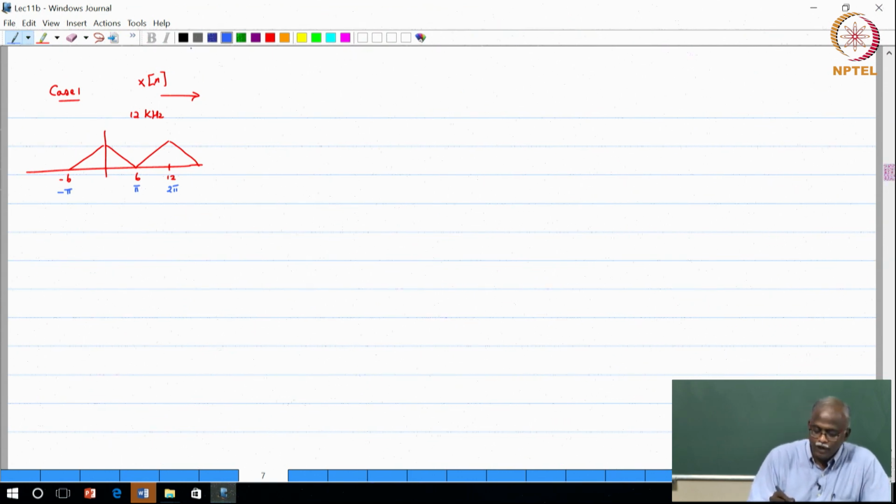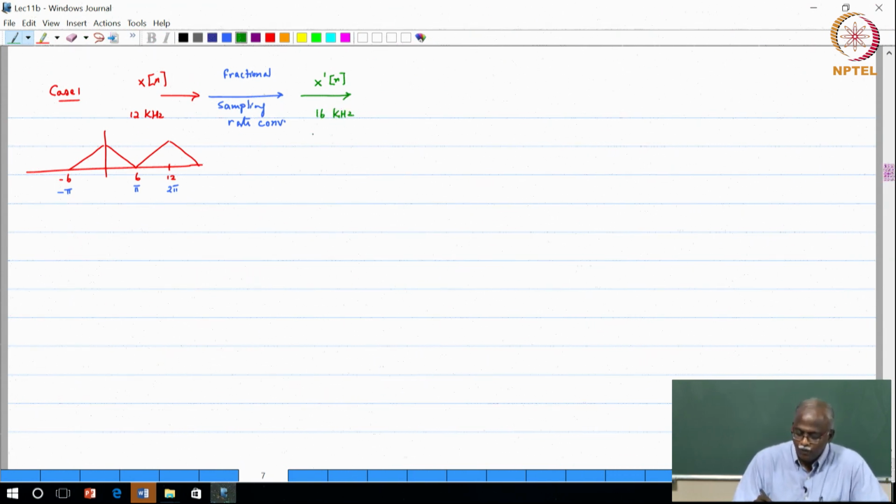Now, this is what I want to translate into another signal through a process of fractional sampling rate change, sampling rate conversion. And I want to get another signal x prime of n, which is at 16 kilohertz. So, to answer your question, this is exactly the problem that we are trying to address.